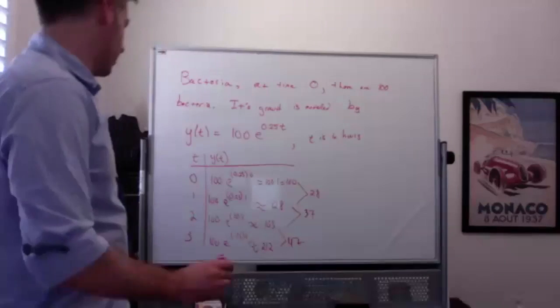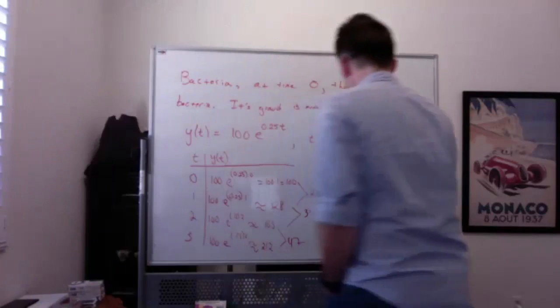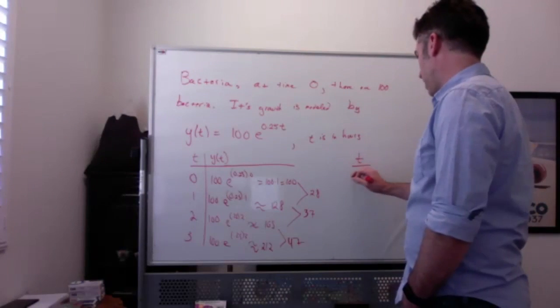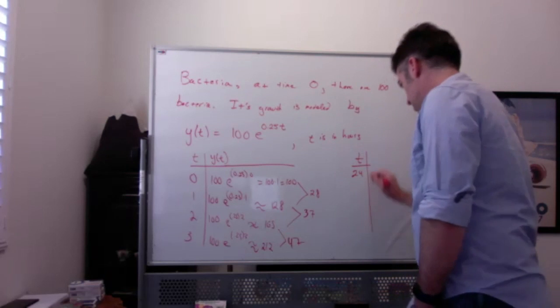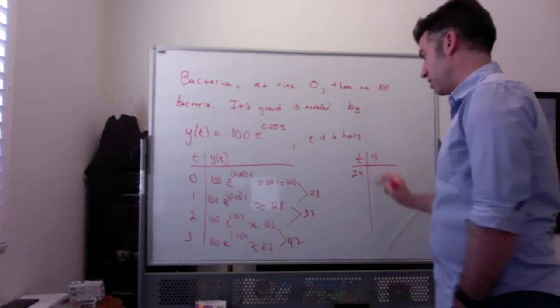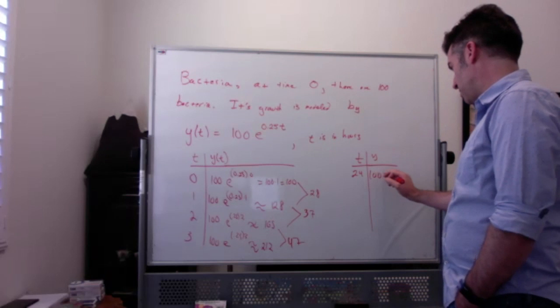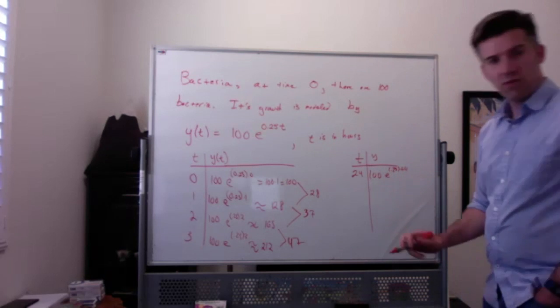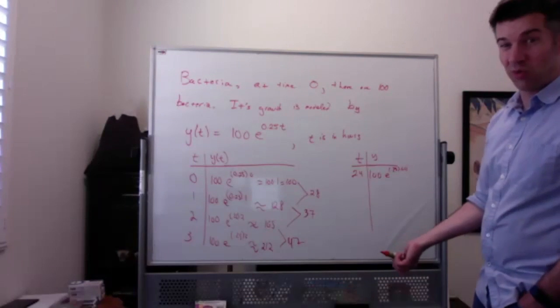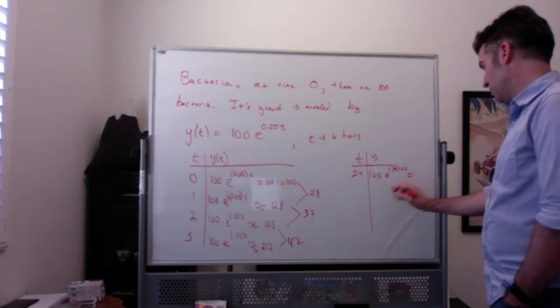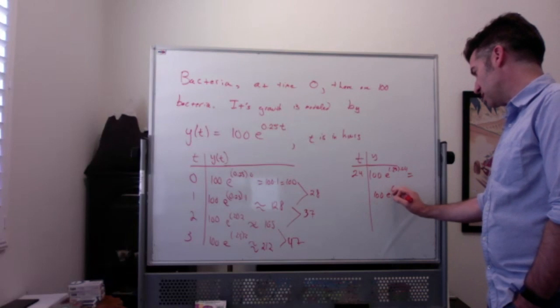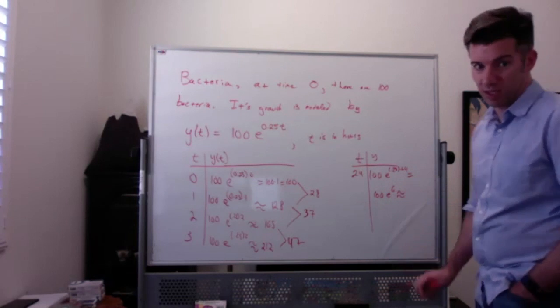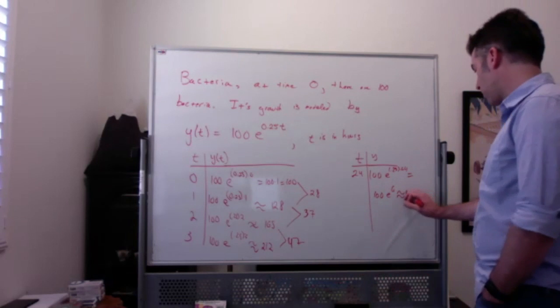How many will we have after one whole day? So when time is 24 hours, the amount of bacteria would be 100 times e to the 0.25 times 24. 0.25 times 24 is a quarter of 24, which is 6. So that's 100 times e to the 6th power, which is approximately a lot, 40,403.